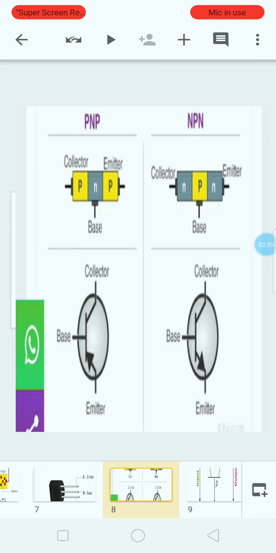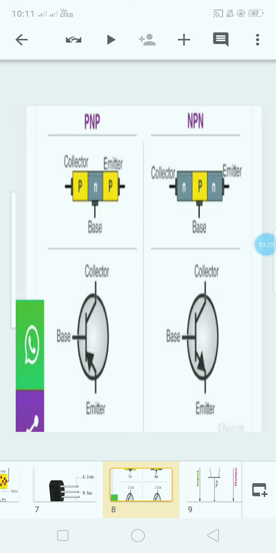PNP transistor consists of two crystal diodes which are connected in series. The right side and the left side of the diodes are known as the collector base diode and emitter base diode respectively.